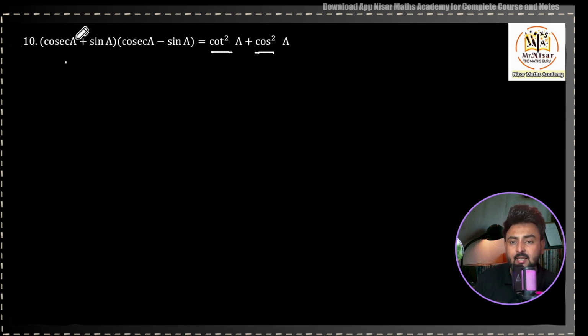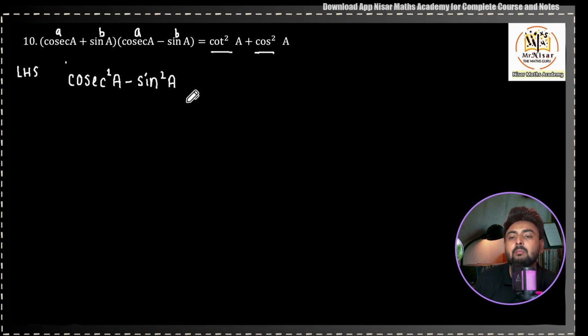Here we can see that this is a plus b, and this is a minus b, the same pairs with opposite sign. What does it become? A plus b into a minus b becomes a square minus b square. So can I write here, it's nothing but cosec square a minus sin square a. How did it come? A plus b into a minus b becomes a square minus b square.